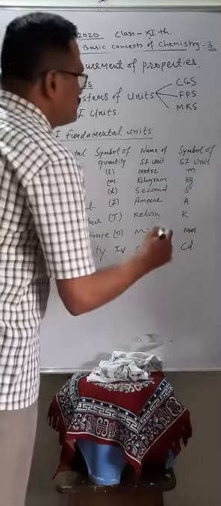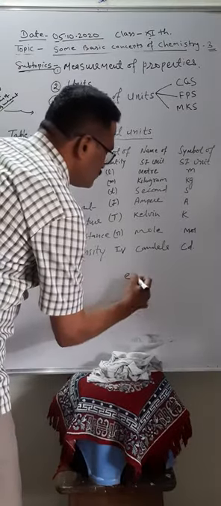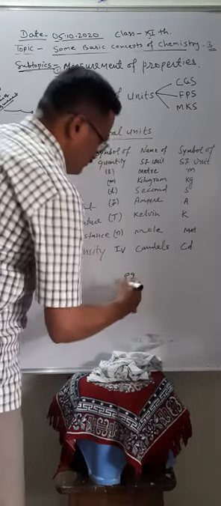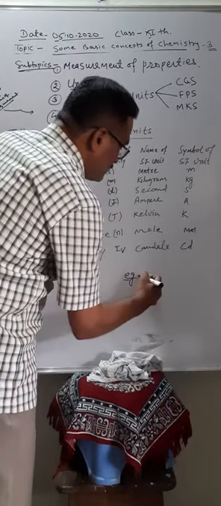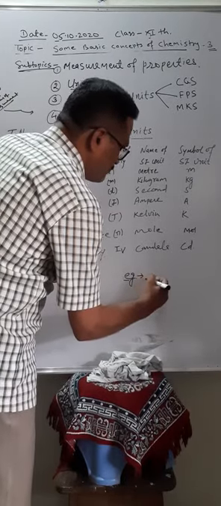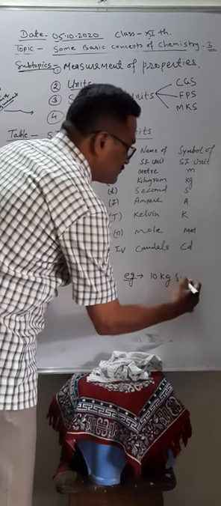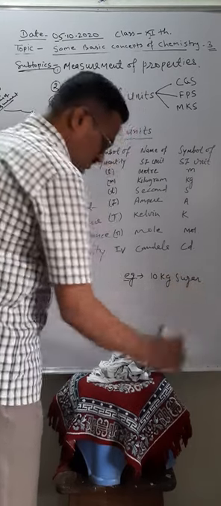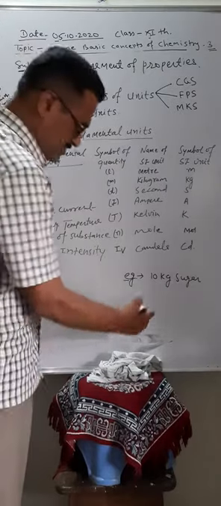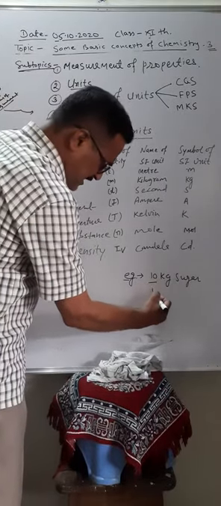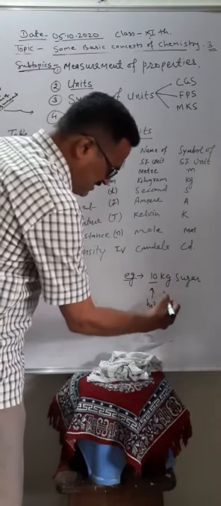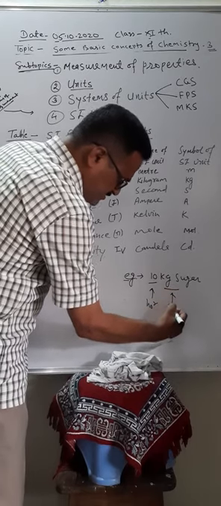For example, when you go to a shop or kirana shop, then we can say, give me 10 kg of sugar. So this means that 10 indicates the number and this kg represents the unit.